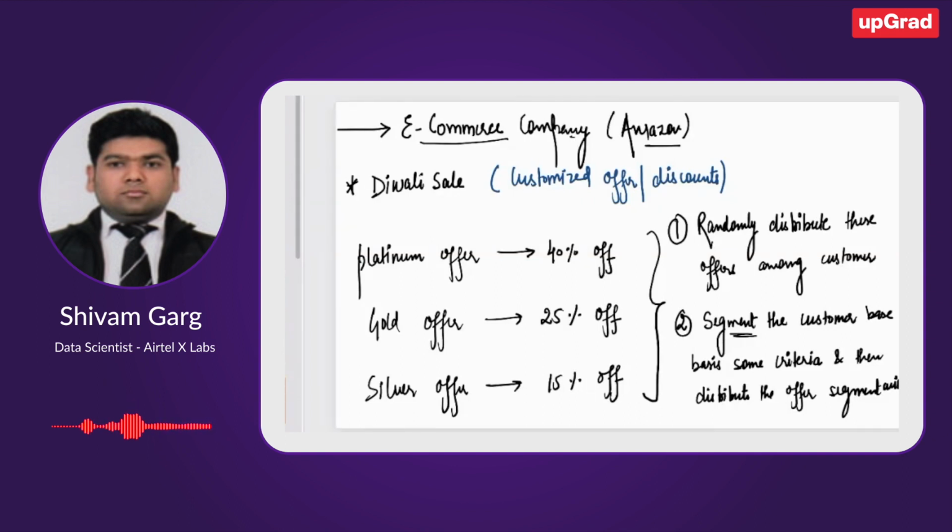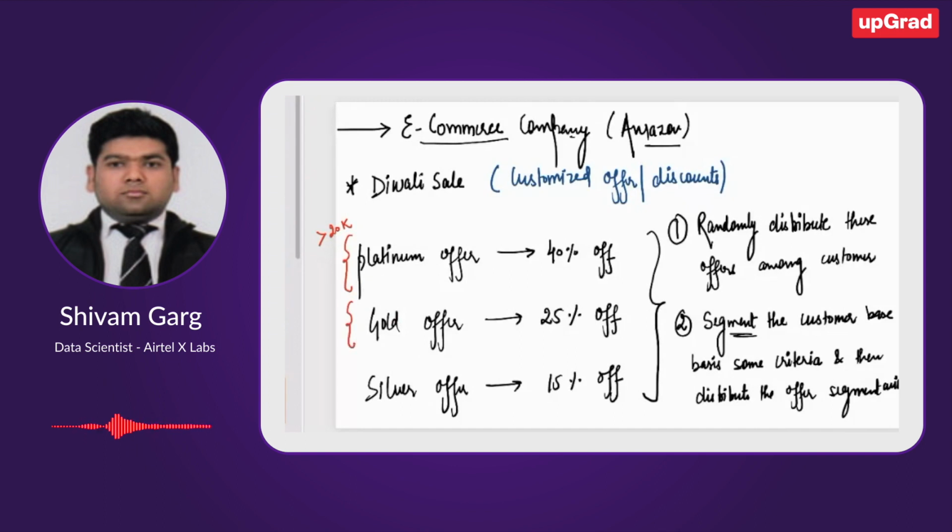So now if there were one criteria, अगर कोई एक criteria होता, let's say a single criteria, say average amount of transaction, correct? Then we can simply solve the problem. Let's say whosoever has an average amount of transaction greater than 20K, let's go for the platinum offer.